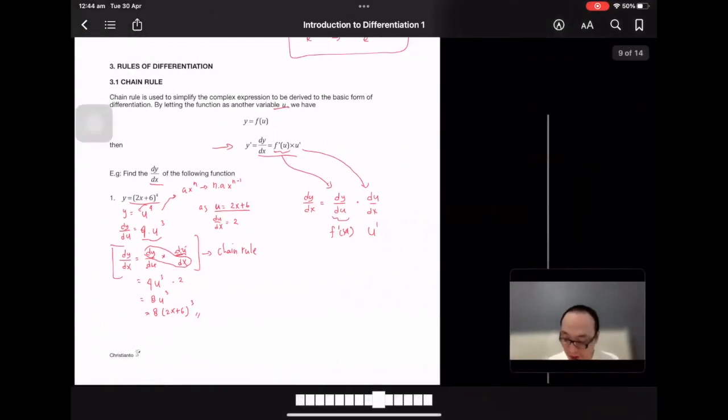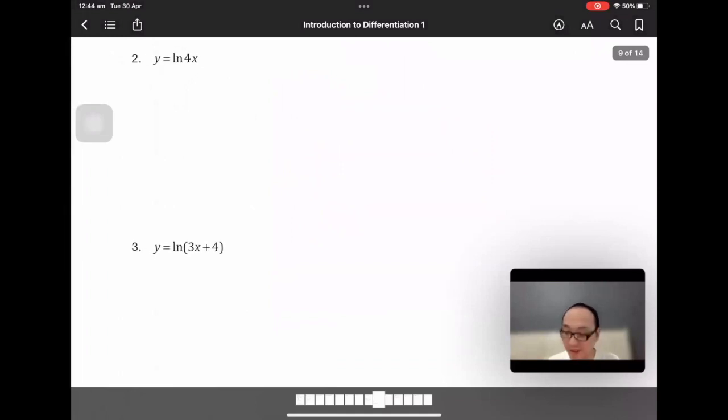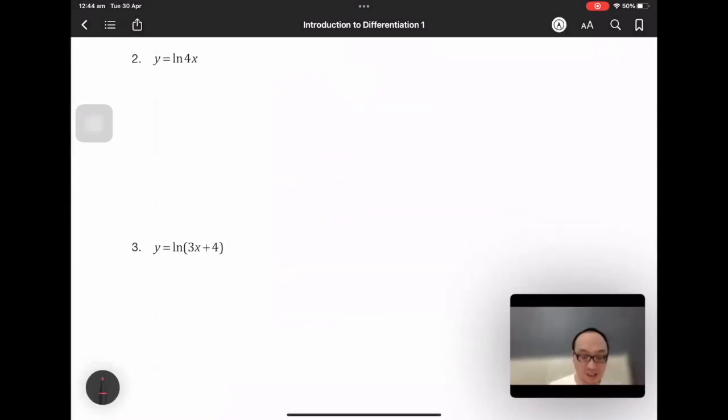Okay, so we can see the next example. Now, how about ln 4x? So I can change this into y equals ln u, as u equals 4x. So ln u. If you remember, if we have ln x, the derivative is 1 over x. So if we have ln u, dy du will be equal to 1 over u, and du over dx is equal to 4.